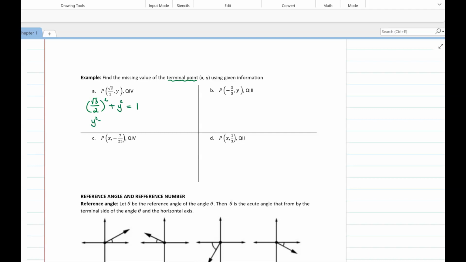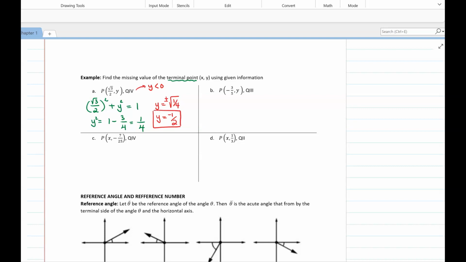Therefore, y squared equals 1 minus 3/4, that is 1/4. Now, because the point P is in quadrant 4, the y value has to be less than 0. So y equals plus or minus the square root of 1/4, and y is equal to negative a half.